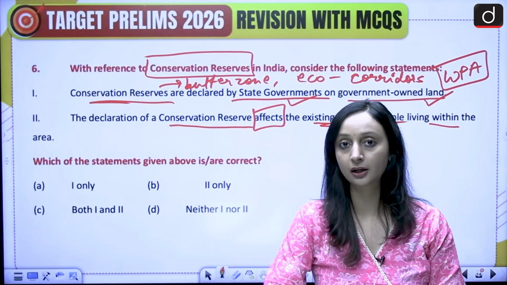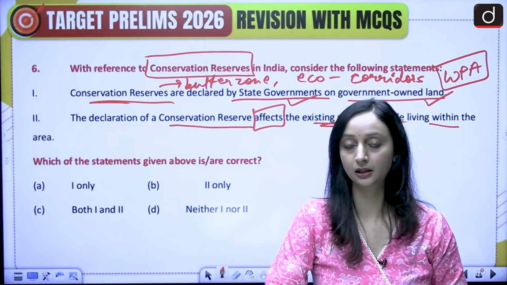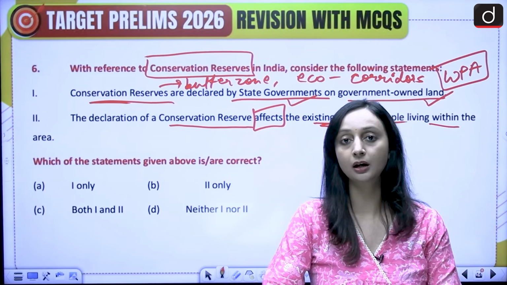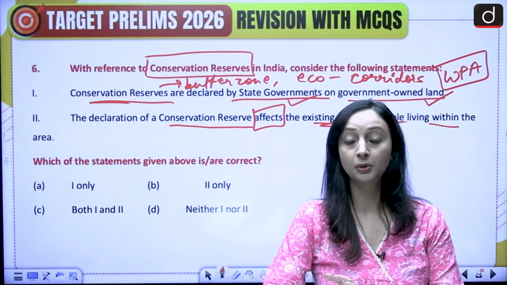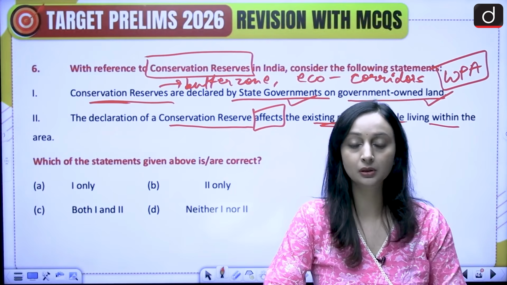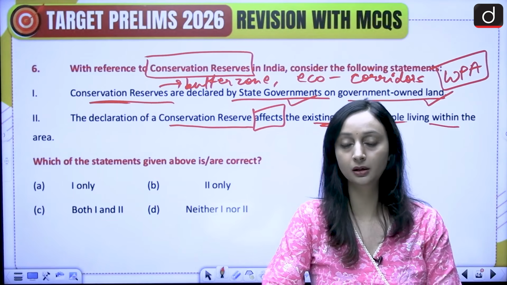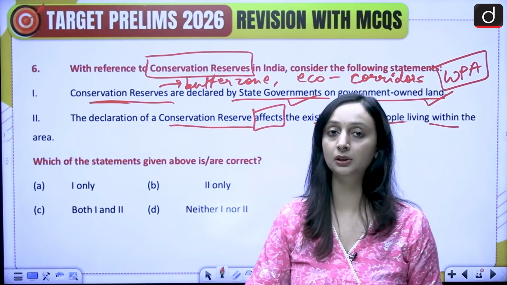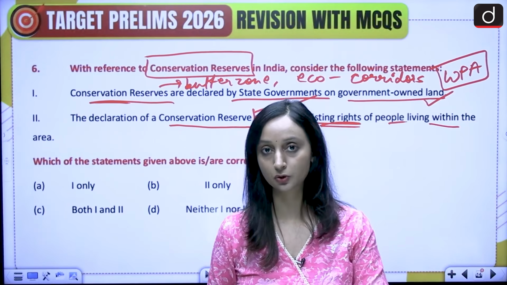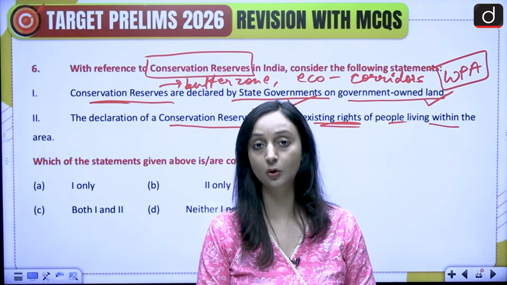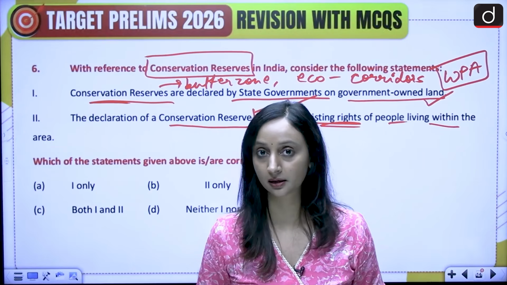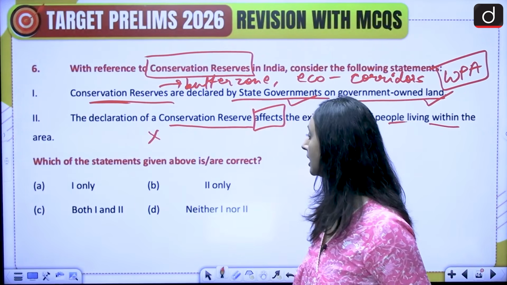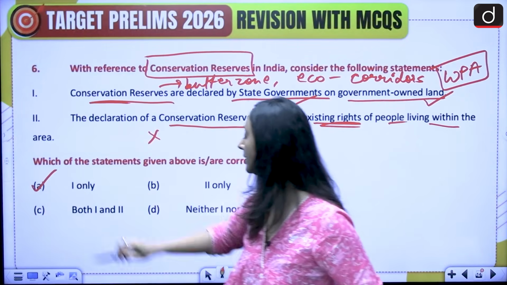So a balance is struck here and it does not actually affect the rights of the people living there. Some kinds of activities are allowed to those people; no entire human intervention has been prohibited, nothing of that sort happens. Its goal is to balance both things, that the humans living in that region should not be affected and the conservation should also be carried on as desired. So this statement is incorrect. So the correct answer is option A, 1 only.